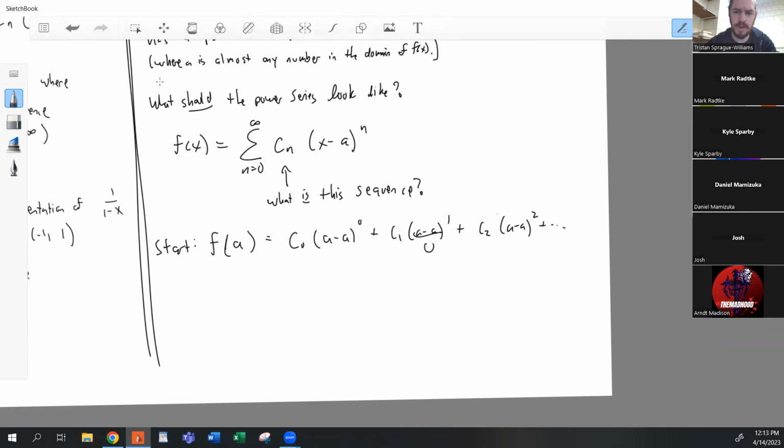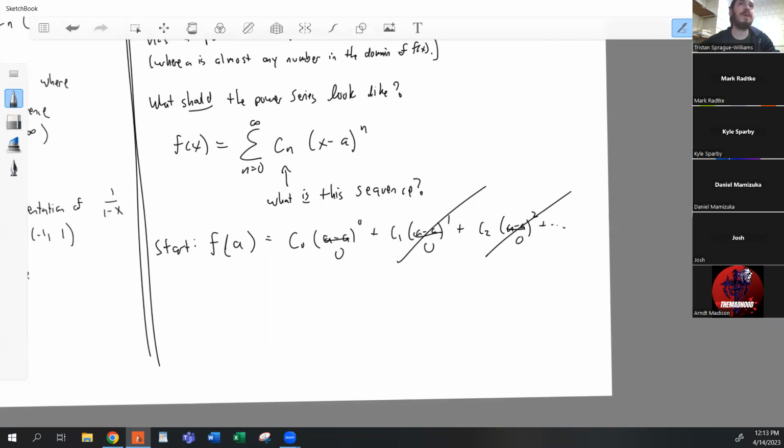So since that's 0, 0 to the power anything is 0, except for the 0th power itself.